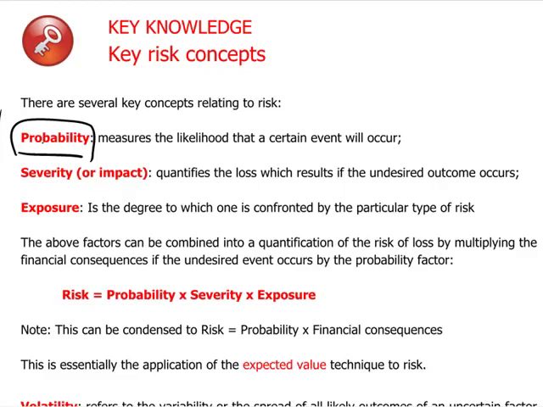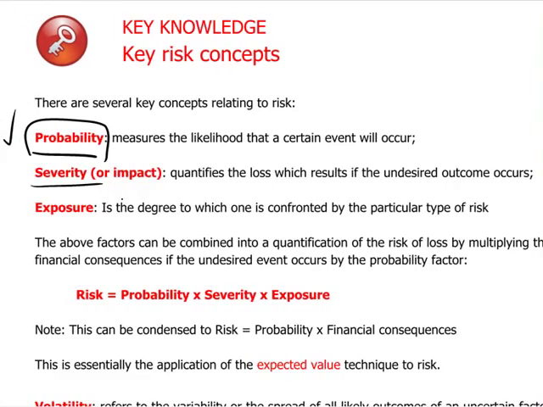When we've established what the probability could be of an event, we have to decide what the severity of the event will be. In other words, how bad is the impact if an undesired outcome were to occur? How badly, how much would it affect us? The intensity, the severity.